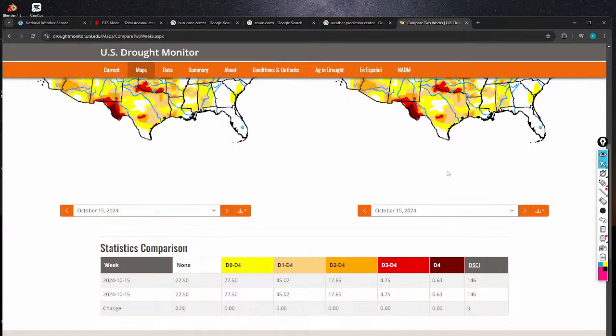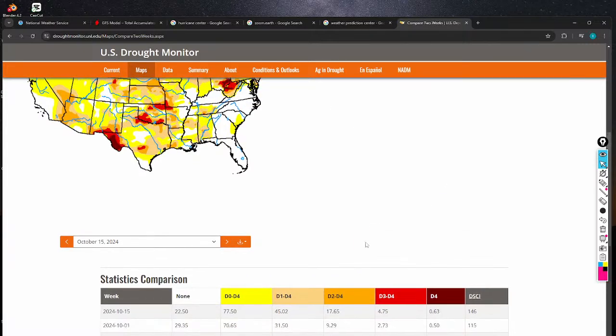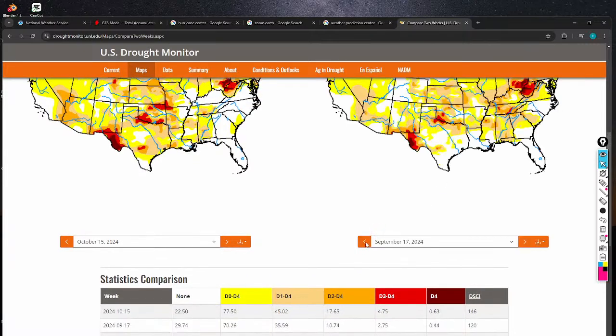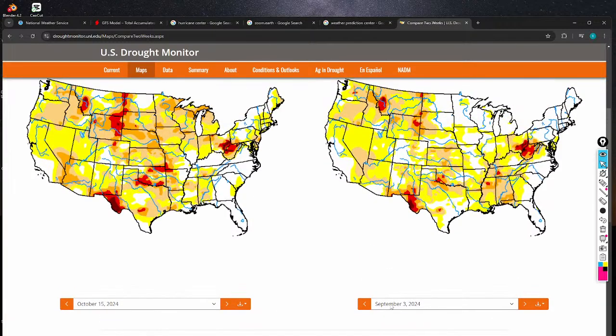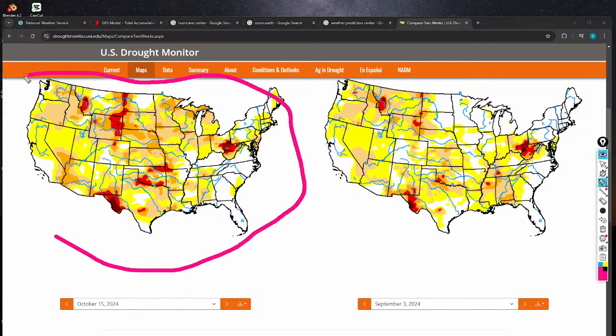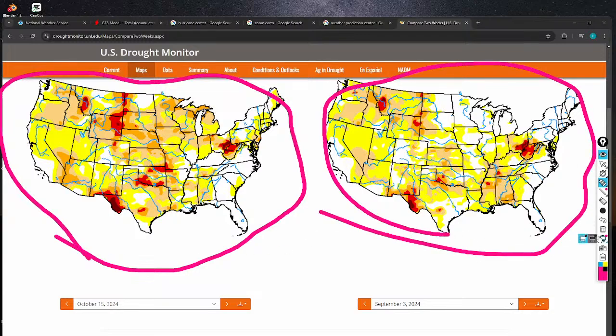Let's actually go back a decent amount. Yeah, so this is from September 3rd. You can see there's a lot less drought. So on the left, this is after the drought. This is before the drought.